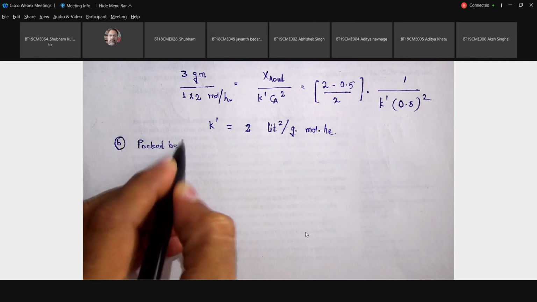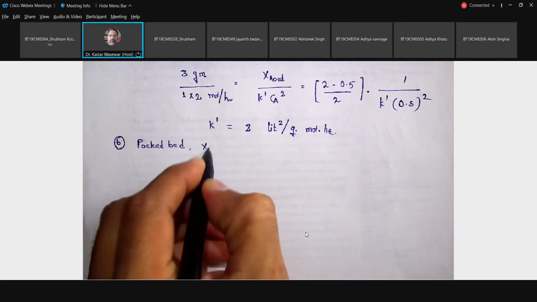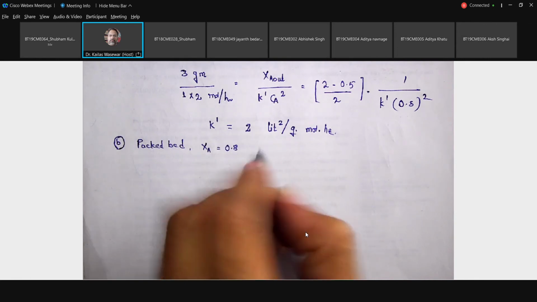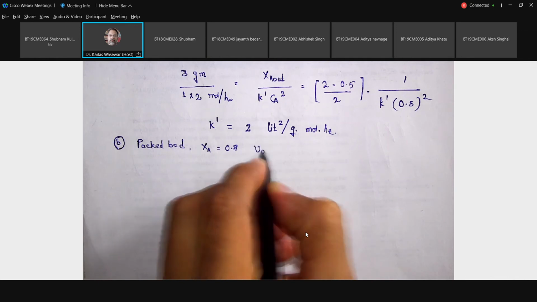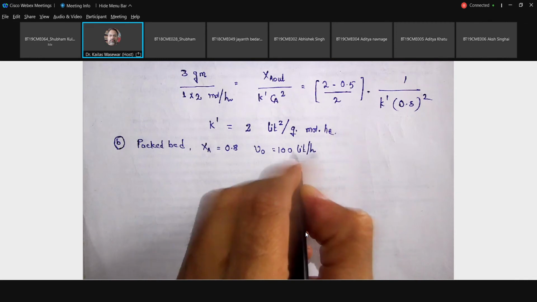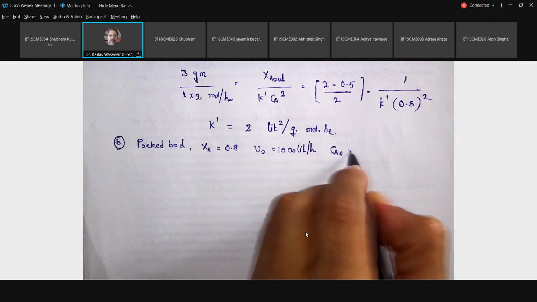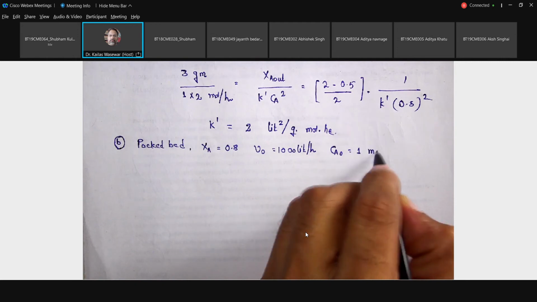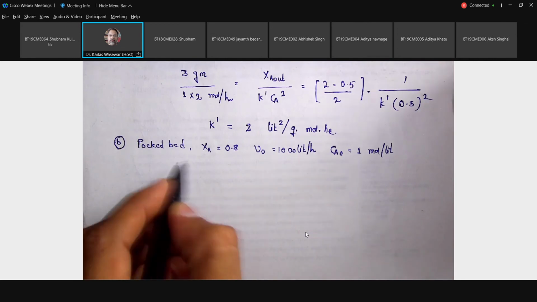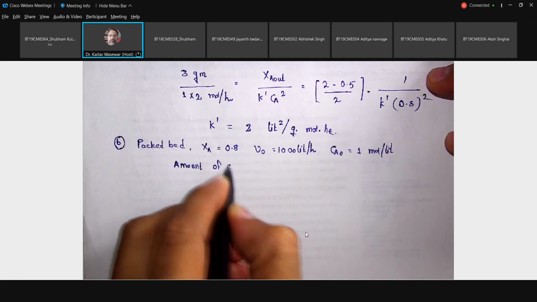We are performing it in the packed bed to achieve a conversion of 80%, with a volumetric flow rate of 1000 liter per hour and initial concentration of 1 mole per liter. Here we have to find the amount of catalyst.